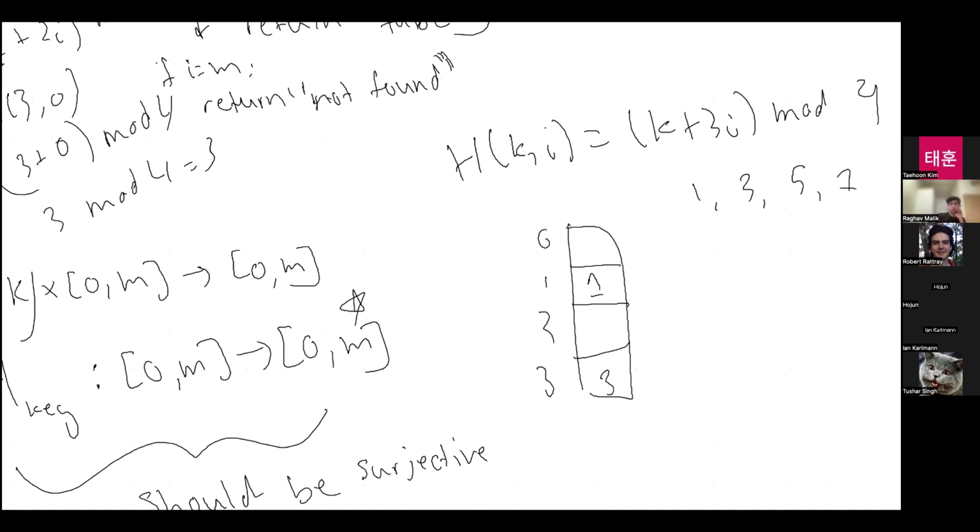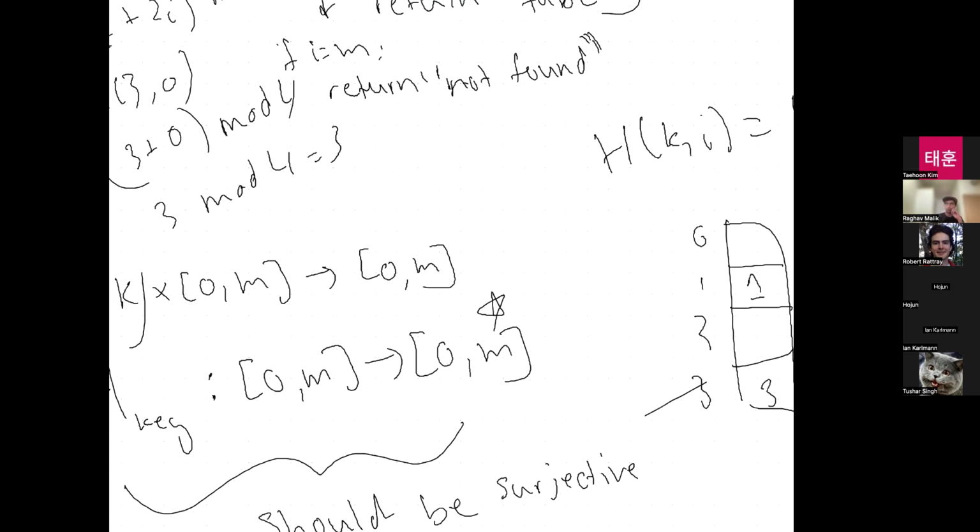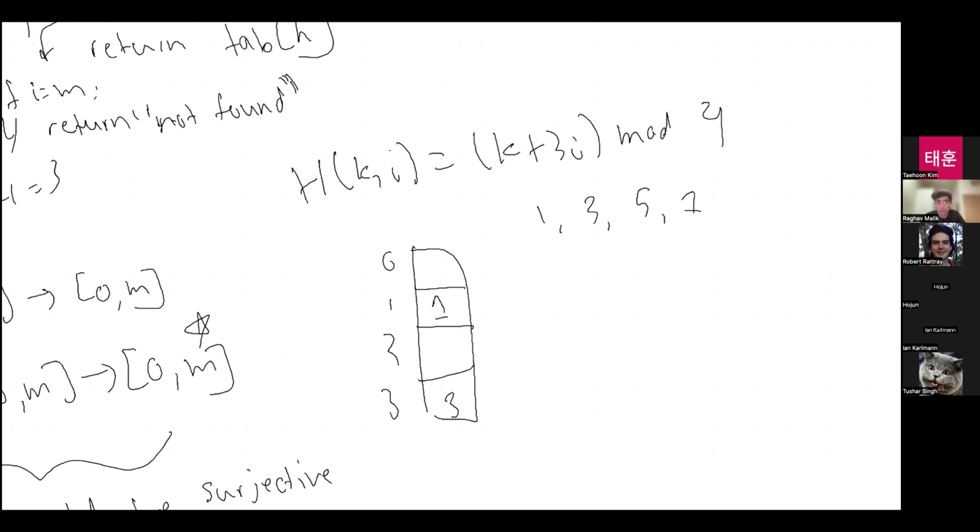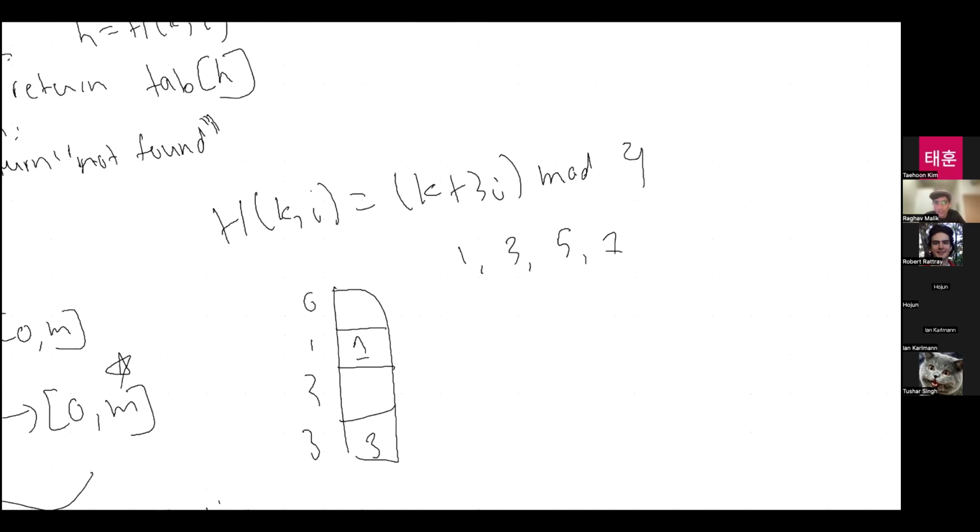Where does 5 want to go? The first place I want to insert 5 is h of 5 comma 0, which is 5 plus 3 times 0 mod 4, which is 5 mod 4, which is 1. So 5 wants to go here.